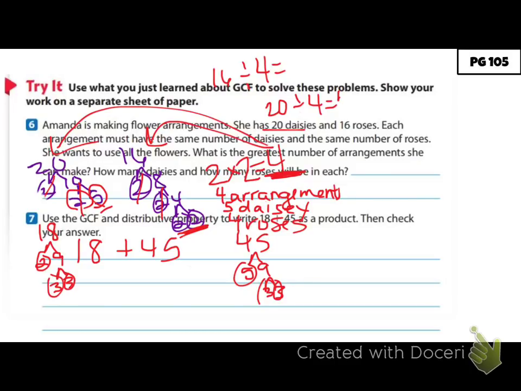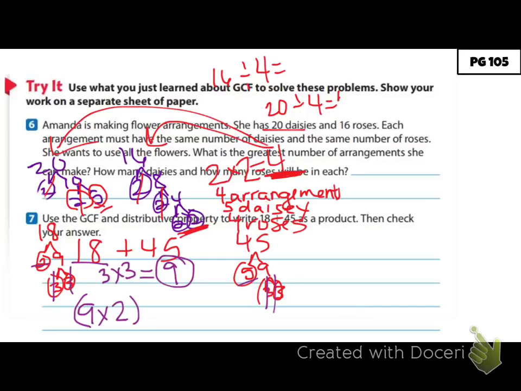So find our matches. I have a 3 here and here, so that's a 3 in common. I have a 3 here and here, that's another 3 in common. The 2 and 5 are not in common, so I'm done. 3 times 3 is 9. So 9 is our greatest common factor for 18 and 45. So I need to take 18 and write it as 9 times 2.